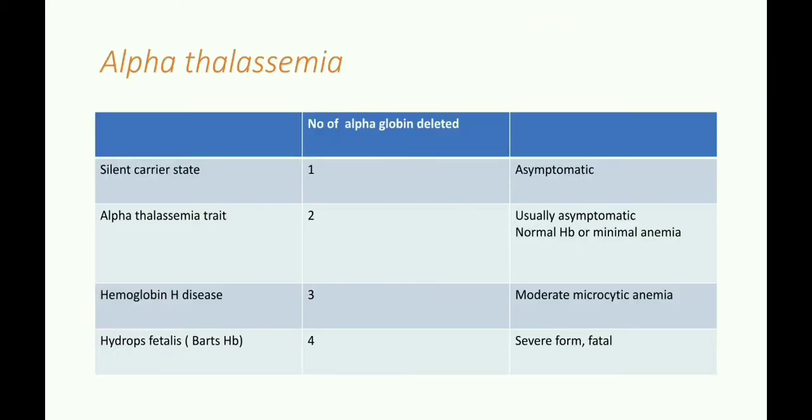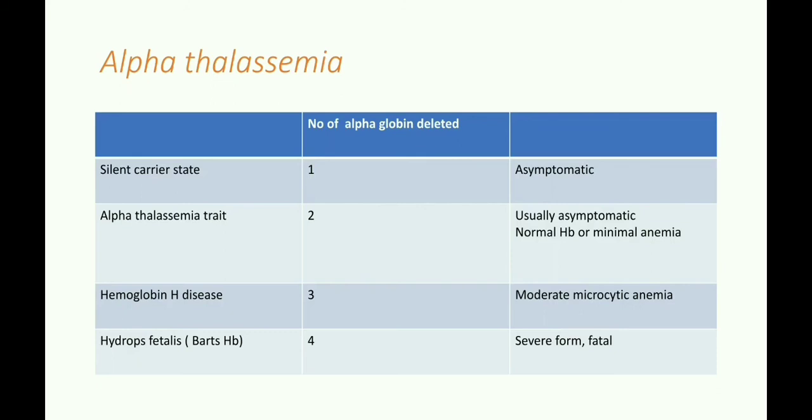Now, in alpha thalassemia, there is impaired synthesis of the alpha globin chain. It can be of 4 types. First, it can be a silent carrier state in which one alpha globin chain is deleted, and that condition is asymptomatic.